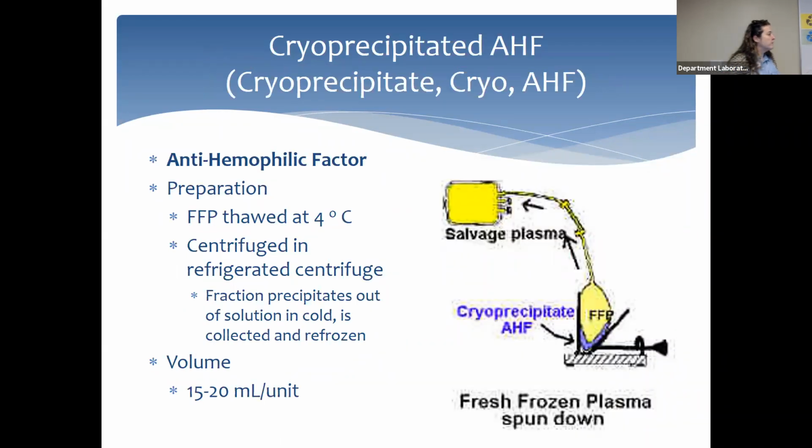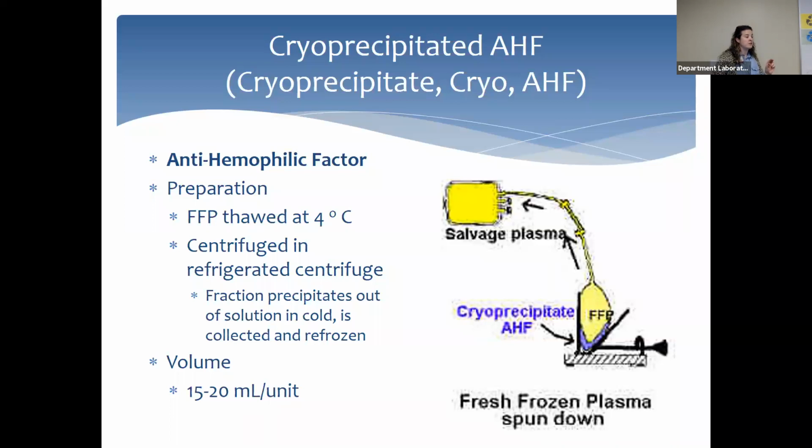Okay, so if you guys remember from a previous lecture, we talked about another product that can be derived from FFP, and it's called cryoprecipitate or anti-hemophilic factor, AHF. So you might see it referred to as cryoprecipitate, AHF. This can occur when your FFP is frozen and then thawed at 4 degrees.